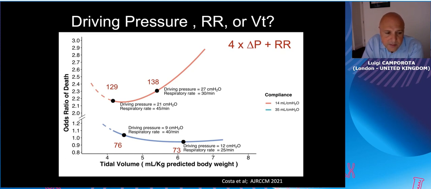And as a consequence of that, the odds ratio of death would also decrease. So the point of that is the choice of tidal volume depends on the underlying lung mechanics and gas volume.